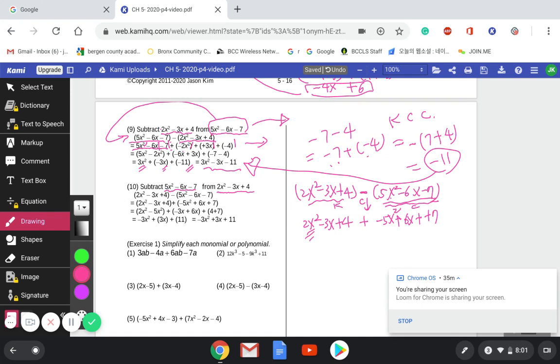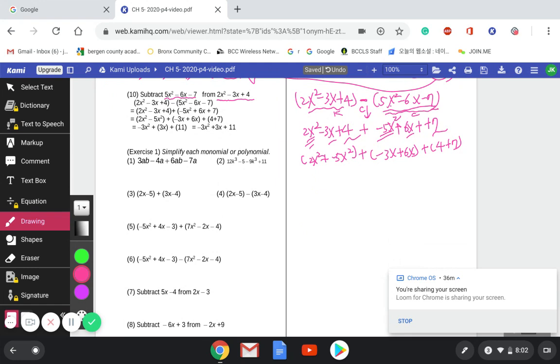Now you combine the like terms. So 2x squared plus negative 5x squared is a like term. And negative 3x with a 6x is a like term. And 4 with a 7 is a like term.